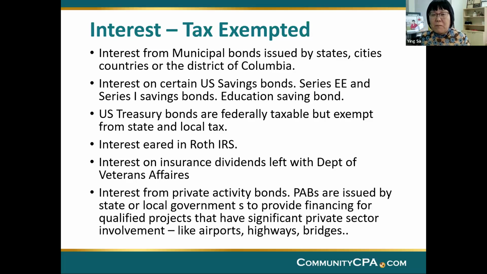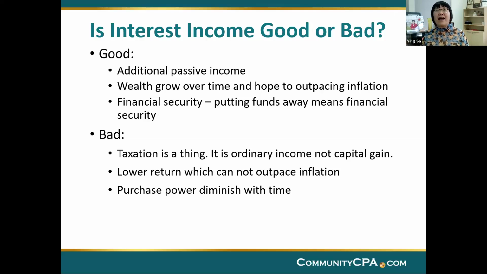One of the most common questions we get from our clients is, is interest income good or bad? Isn't that the $1 million question? I try to still give an answer. Actually, what do you mean by good or bad? It is just whatever is suitable to you, right? So I thought about it and came up with good and bad.